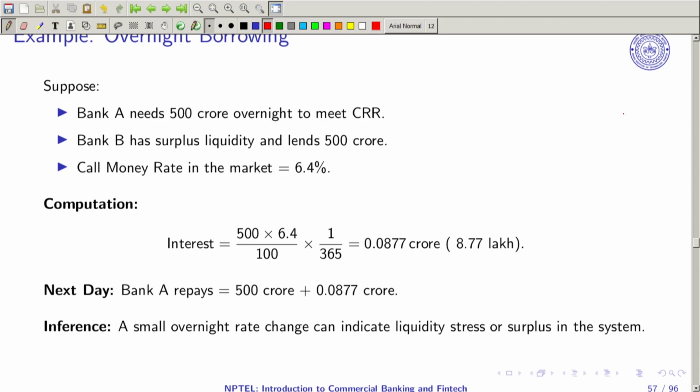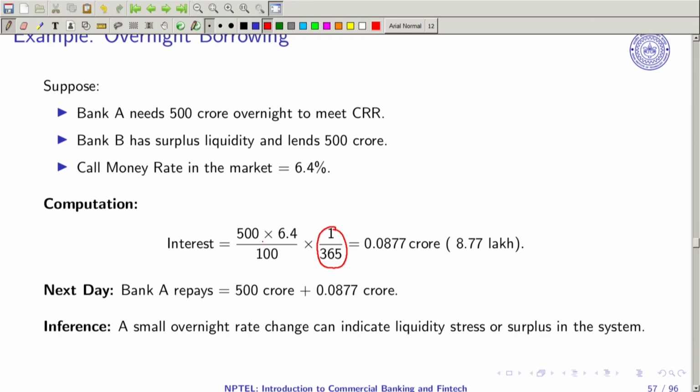So for an overnight borrowing example, bank A needs 500 crore overnight to meet the cash reserve ratio. Bank B has surplus liquidity and lends 500 crore, and the call money rate in the market is, suppose, 6.5%. So what will be the computation? It is for 1 day, so in a continuously compounded manner, we have 1 upon 365.